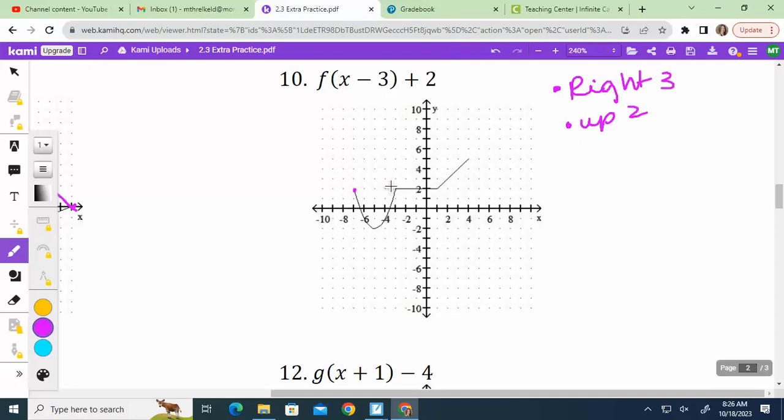Okay, so you're taking nice points on your graph and then just move each of those right 3, up 2. So the shape didn't change, just the placement.